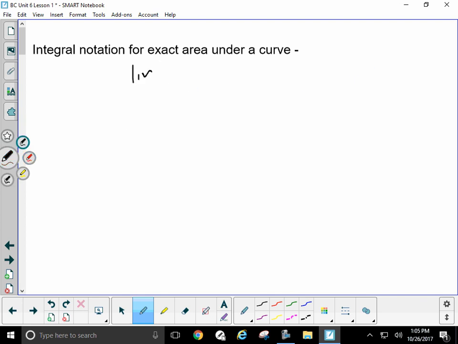So instead of, I'm going to write it again just so that you can see it. Instead of exact area being an infinite sum looking like this, okay, exact area, it's just an infinite sum. We have an infinite sum.